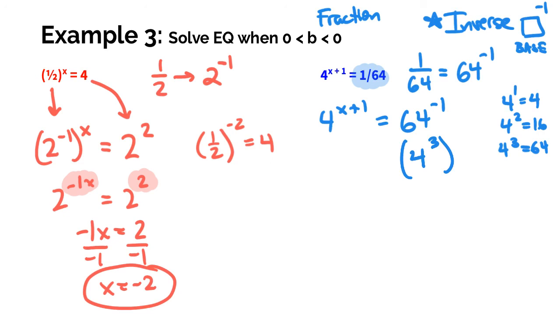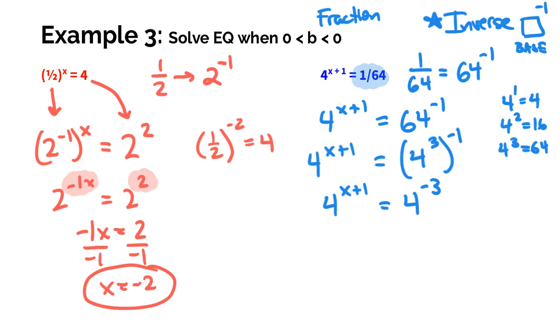But remember we said we already have that -1. So I'm going to keep that -1 there. And then I'm going to bring down the 4 to the x plus 1. So when I change my base again, I'm always going to put that in parentheses and leave the exponent that's there on the outside. So now, to simplify, I have 4 to the x plus 1 equals, and I'm going to keep my base of 4, and now because these two are separated by parentheses, I'm going to multiply them, which would give me -3.